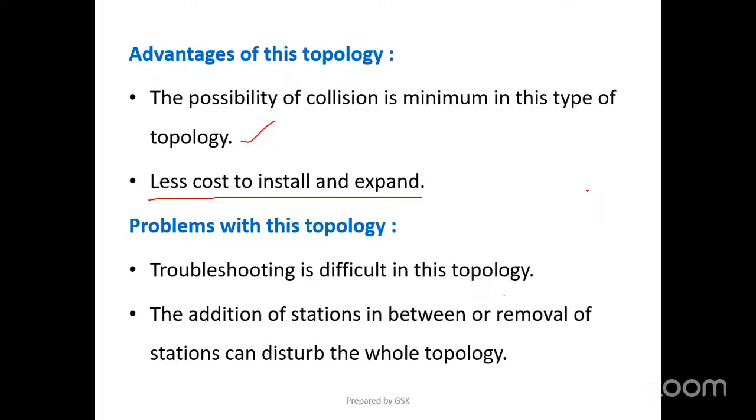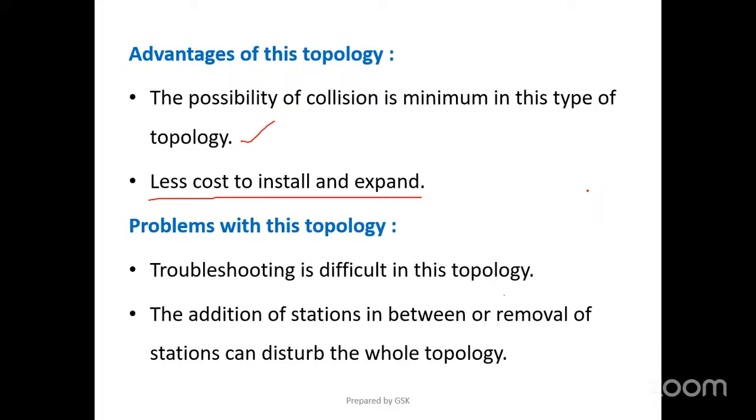Then what are the problems we have within this topology? Troubleshooting is difficult in this topology because if you are sending any data from one station to other station, if the data is not delivered, we may not know the error occurred at which station because all are connected in the ring manner.